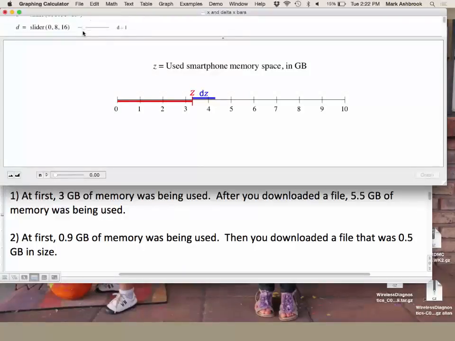So now we're doing, what do we have initially? 2.6. Here we go. So we start with 2.6 used up on our phone, and we download a file that's 1.5. I can just set the animation to go here. Write the values of the 3 variables, determine the unknown, write the formula for the unknown.